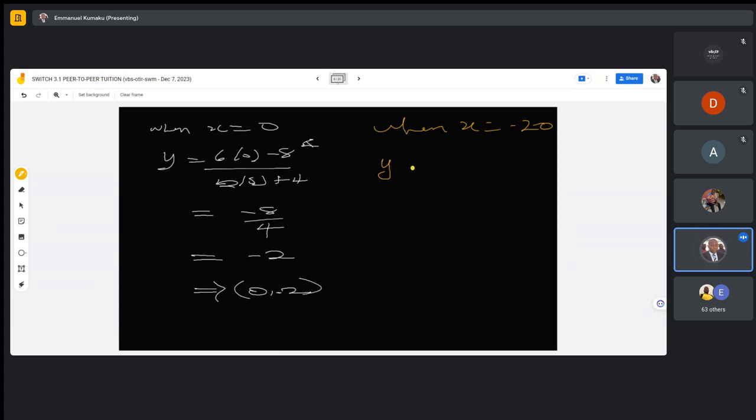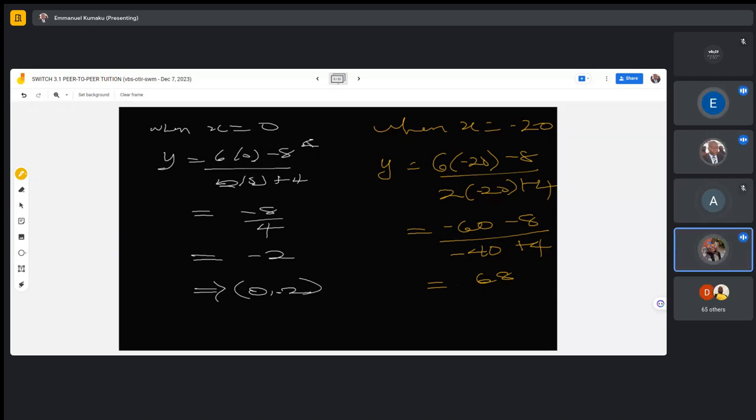we have y is equal to 6 times -20 minus 8 over 2 times -20 plus 4. This will give us -120 minus 8 over -40 plus 4, so it will be -128 over -36.